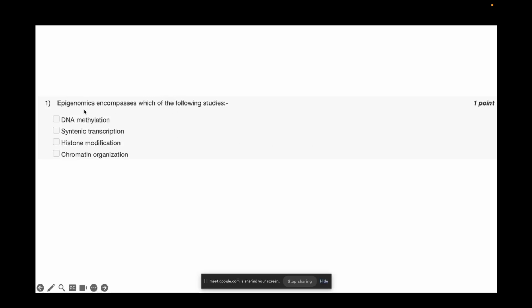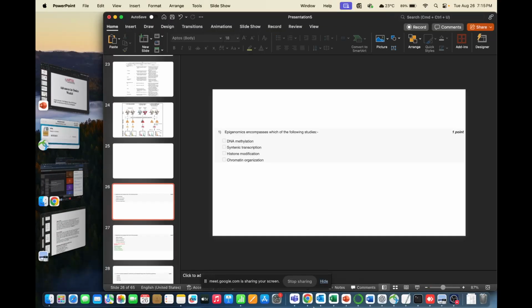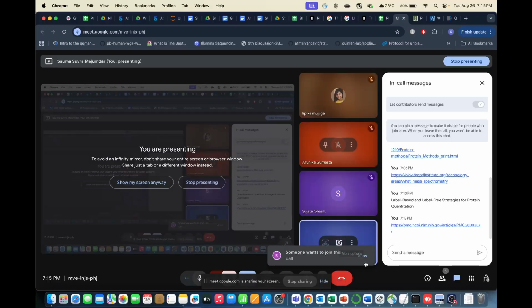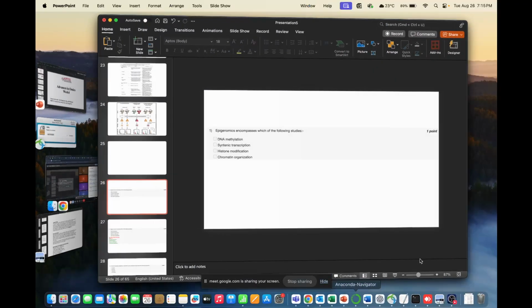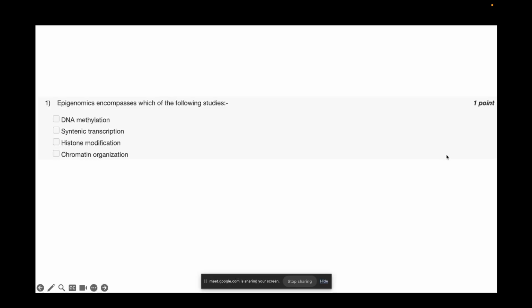One thing I want to say is that if you see these square boxes, this means multiple options are correct, and if you see round circles, that means it's a single option correct. Please write the answers in the chat box. We'll discuss.